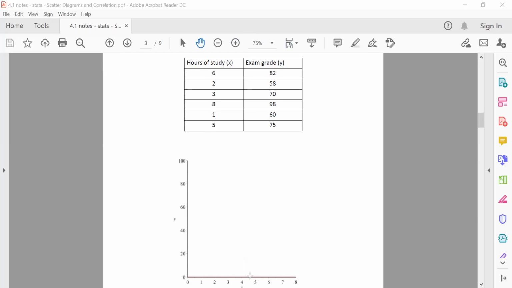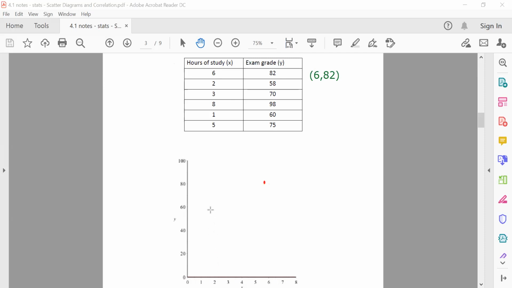I'll do it in red. So 6, 82. So 6 hours of study yields an 82 grade on the y-axis. So that's just like the point 6, 82. And so on and so forth. This person only studied 2 hours and ended up with a 58.